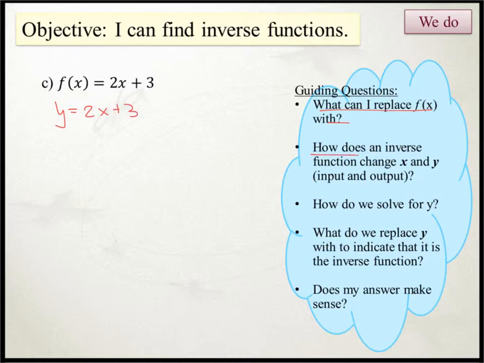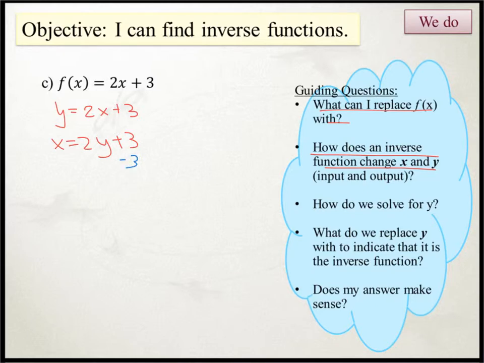Then I want to think about changing the x and the y around because this is the inverse function. So I'm going to write x where the y is and y where the x is, keeping everything else the same. And then at that point, I can start to solve for y by using inverse operations or opposite operations.